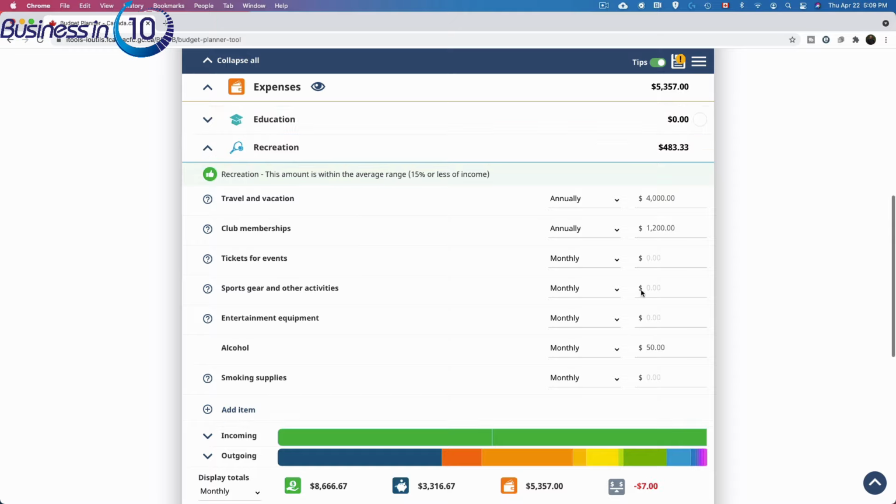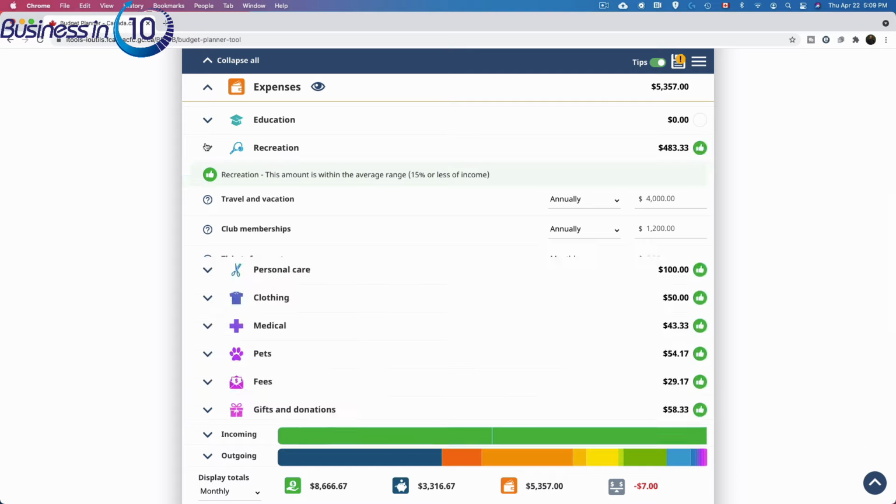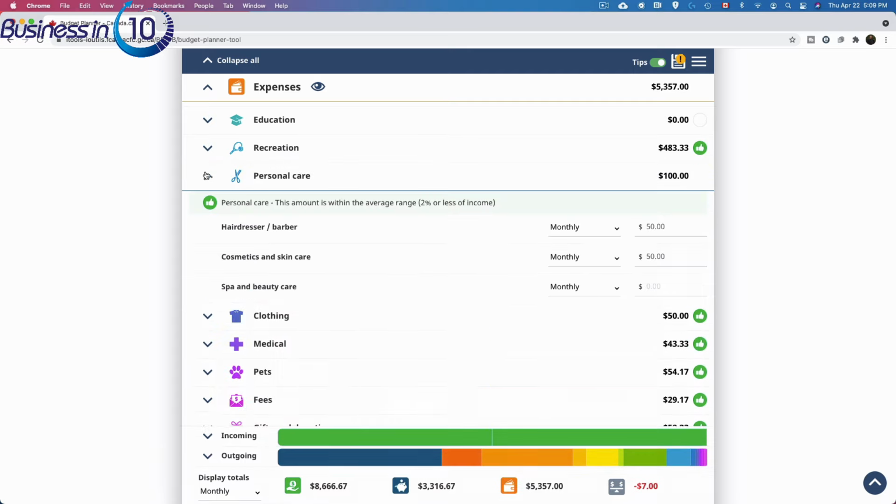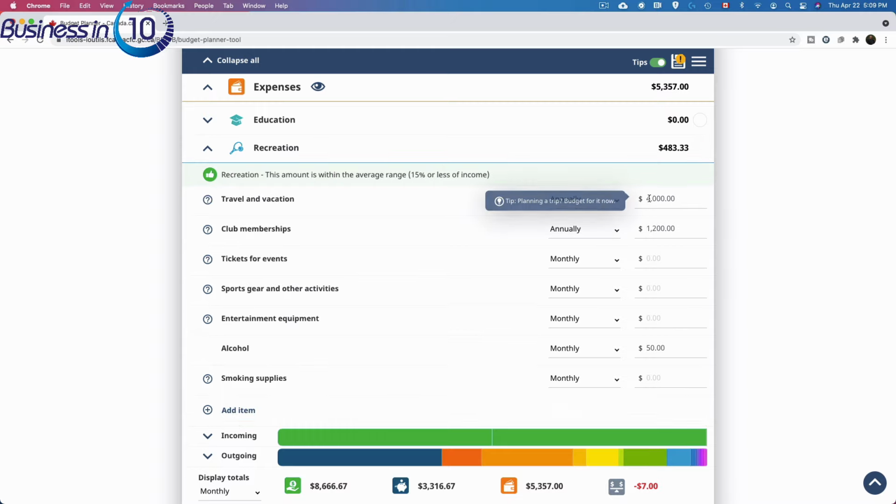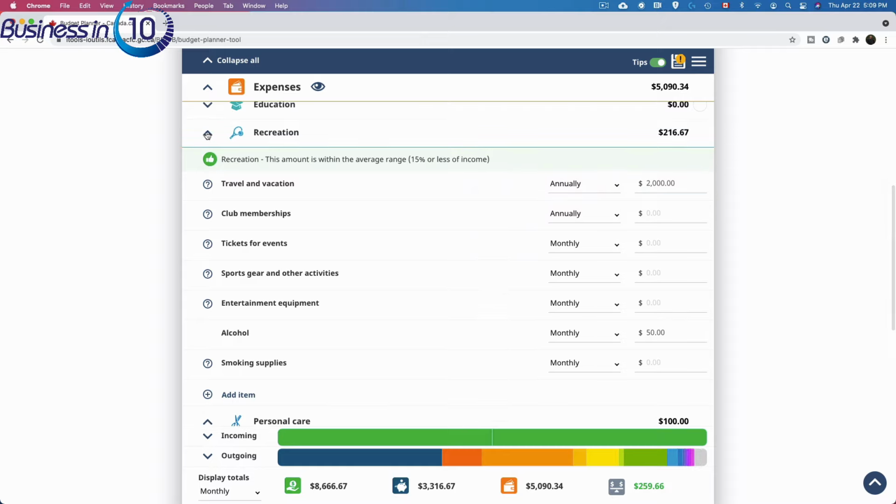Okay, so you can play with the numbers, you can go back and forth and check things out. Like personal care, this is not enough money. Would you rather take a vacation with $4,000 and not have enough clothes? Maybe not. So you adjust the numbers. And you want to have a golf membership and not be able to feed your kids? You figure that one out.